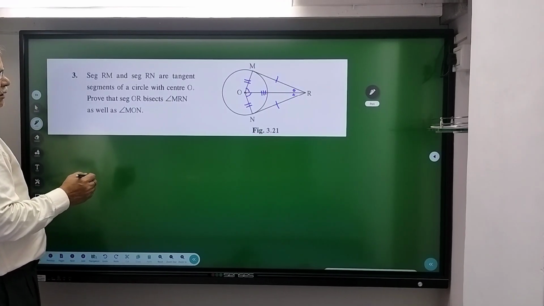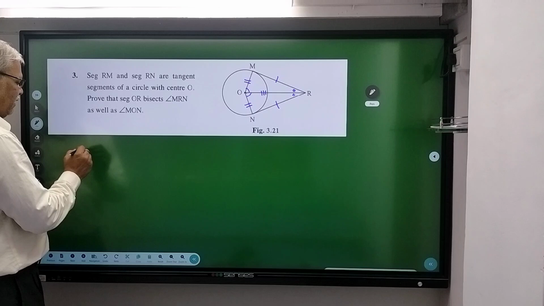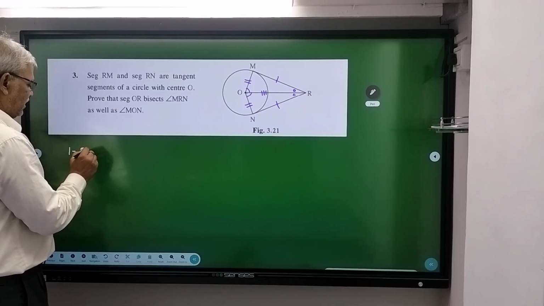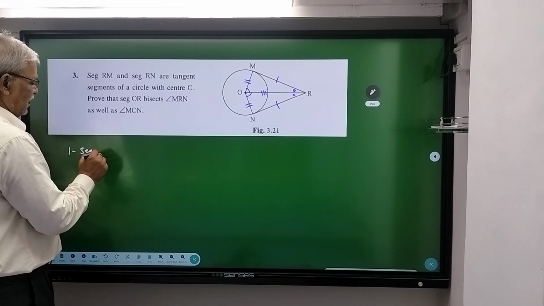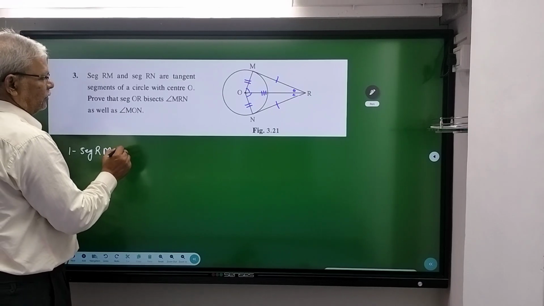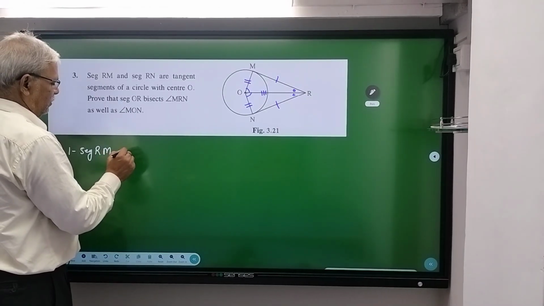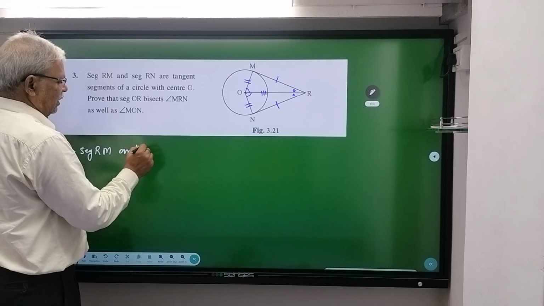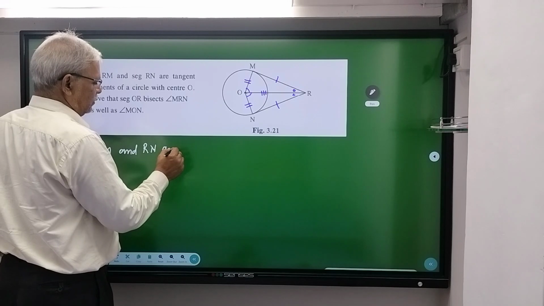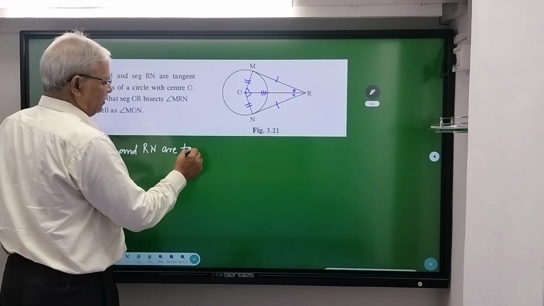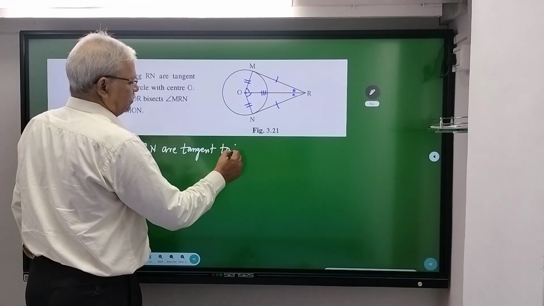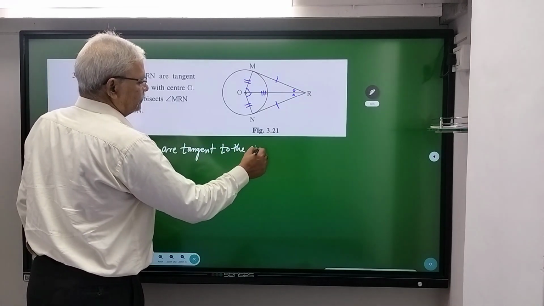Now see here, the first thing given: segment RM and segment RN are tangent to the circle. Okay?